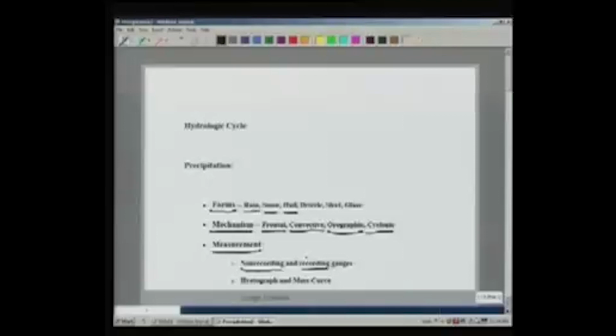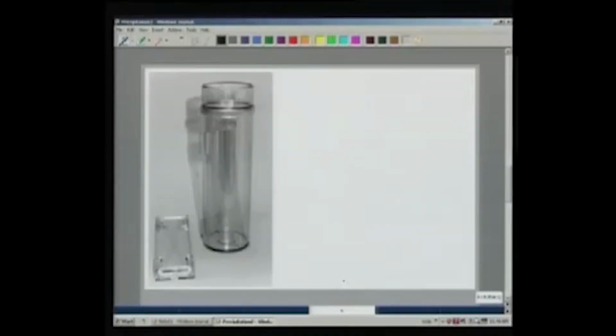In the non-recording rain gauge, this figure shows a typical non-recording rain gauge in which on the top we have a funnel to carry the rainwater falling on it. This funnel then carries water into a graduated cylinder on which we can see the markings which tells how much rain has fallen in that period.